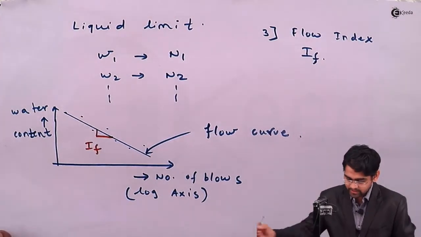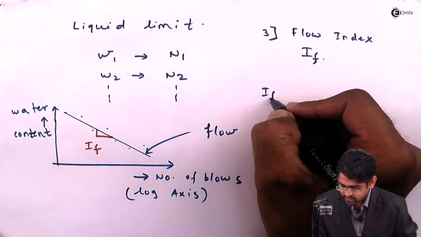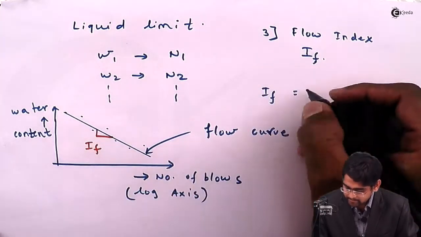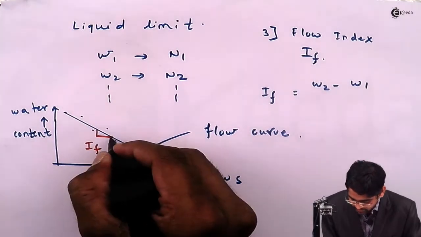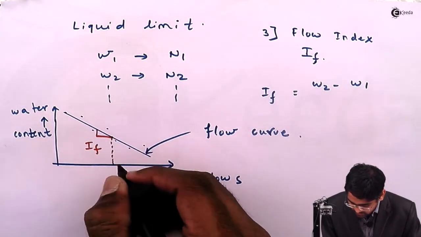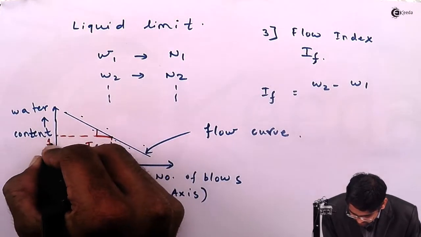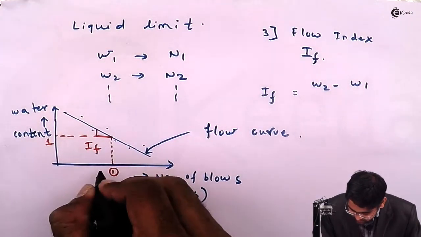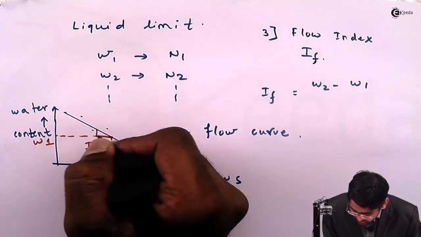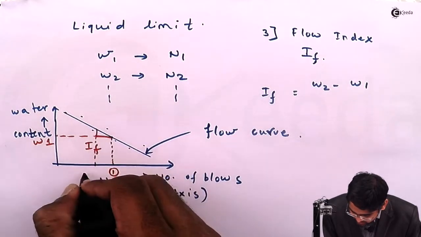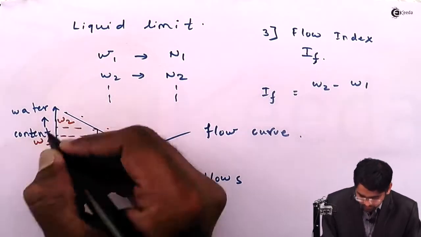So in order to define this I_f, this flow index will be W2 minus W1. If I take this particular point as 1, call it N1, this is W1, this particular point as 2, N2, and this is W2.